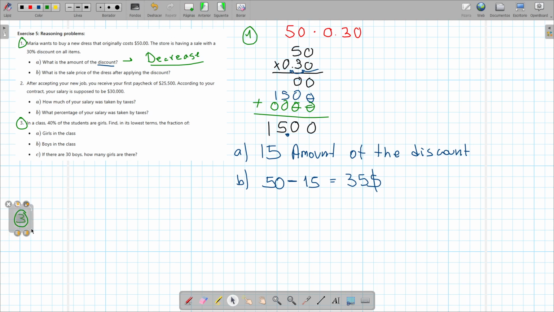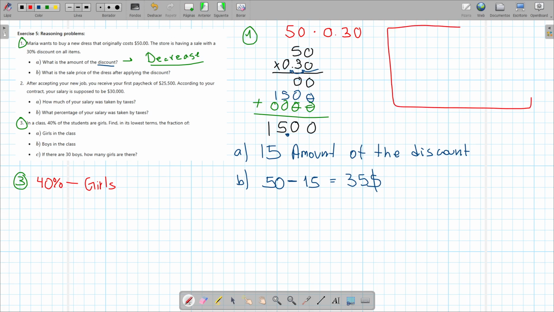So, for this one, let's go step by step. We know that 40% are girls. And we need to find in its lowest terms the fraction of girls, okay? Don't forget, when you are going to transform a fraction to a percentage, what we do is that we multiply by 100.